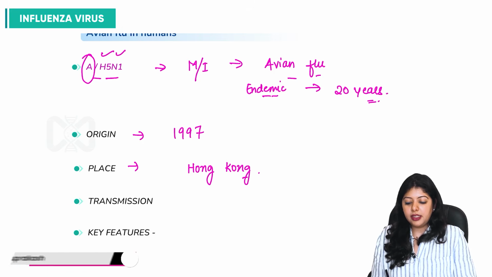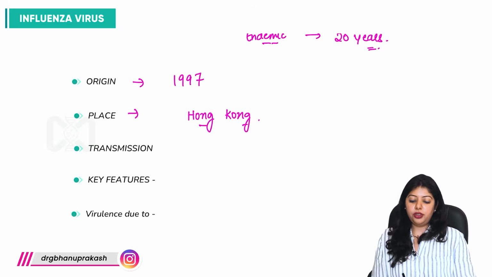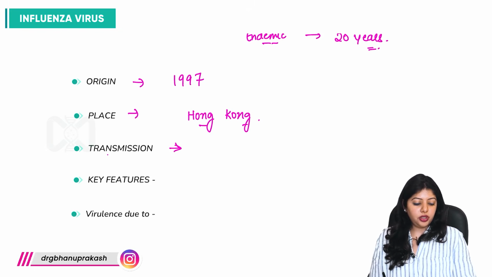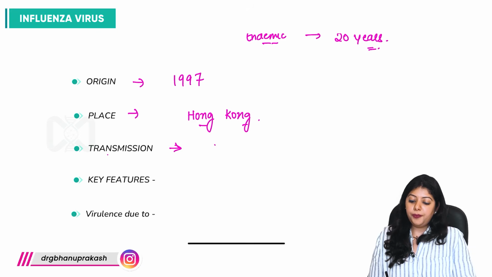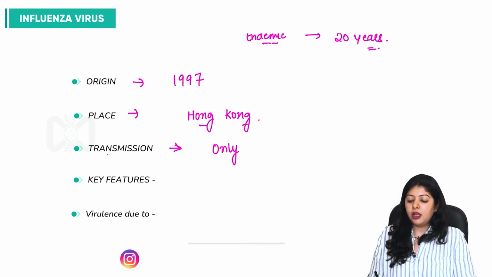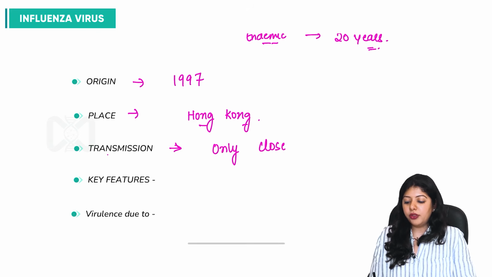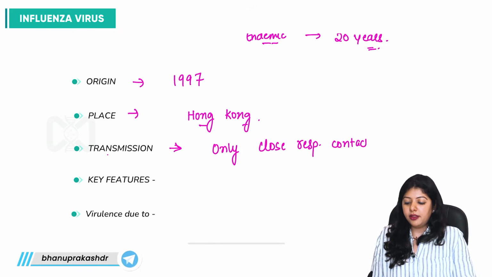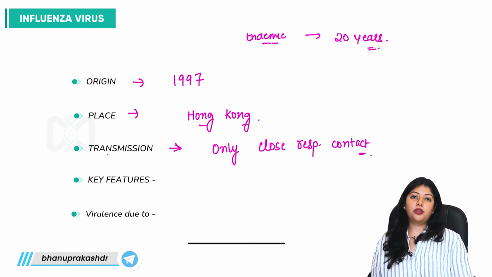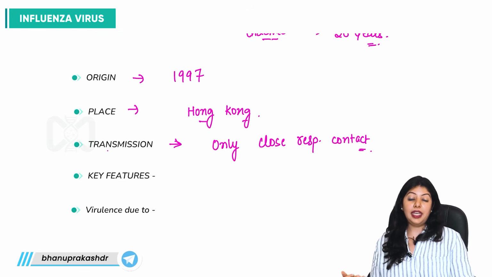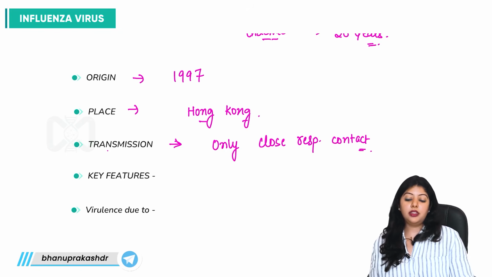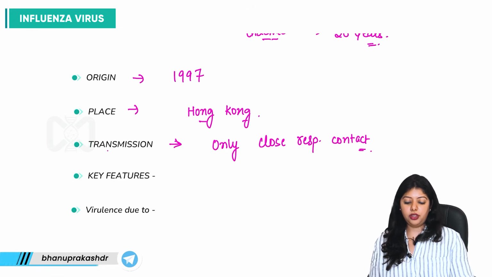Since it is an avian flu, there was no human to human transmission. It was only close respiratory contact with the birds, with the avian strains, which was associated with the transmission.